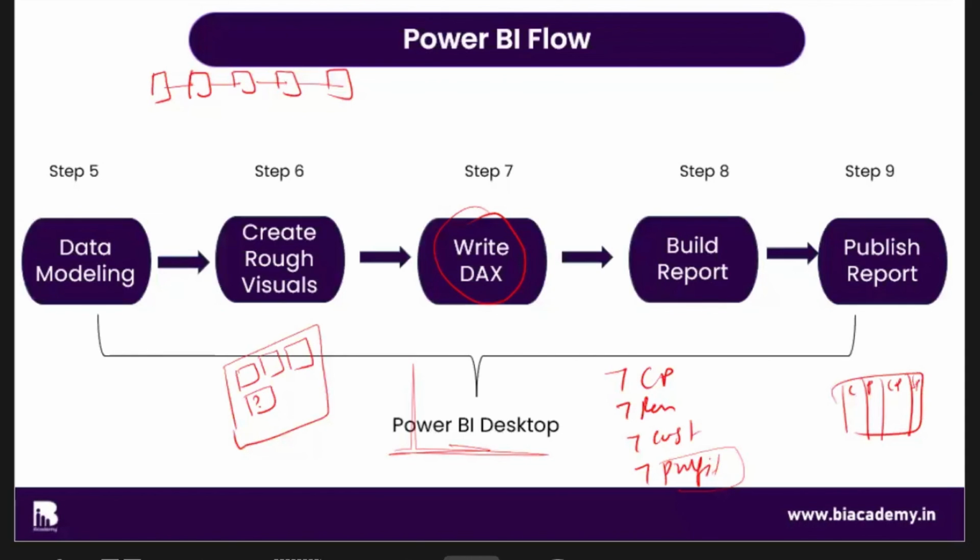So if I want to create this, I want to create that column, and that column can be created only by writing DAX. So suppose I have cost price, selling price, so I'll write profit equal to selling price minus cost price, that is revenue minus cost price. Okay, so this is what DAX is.